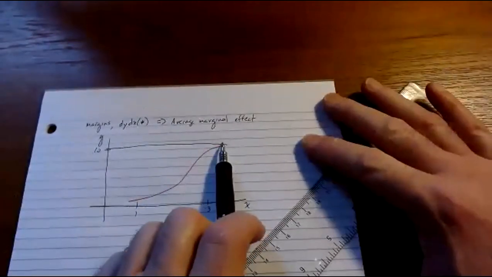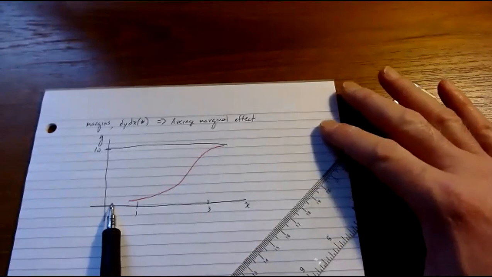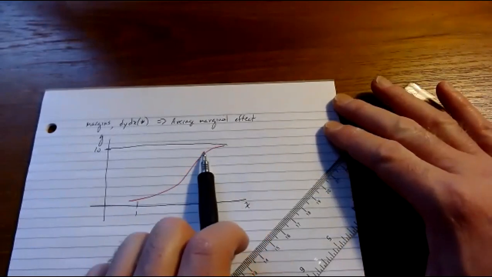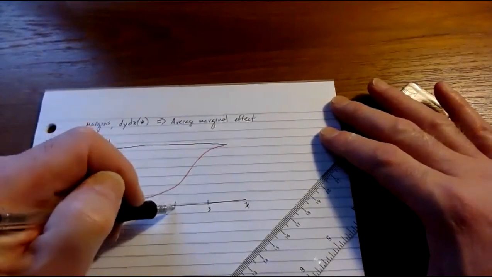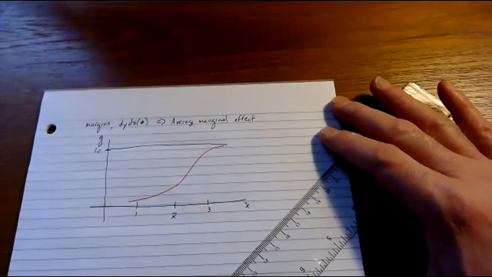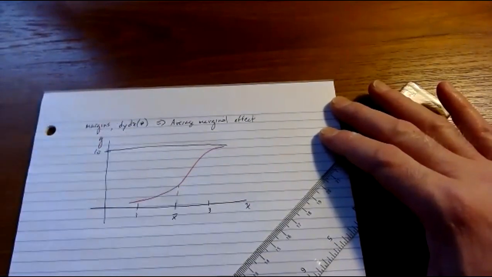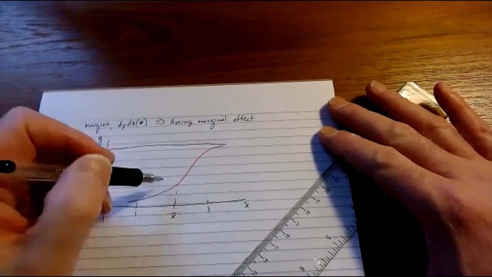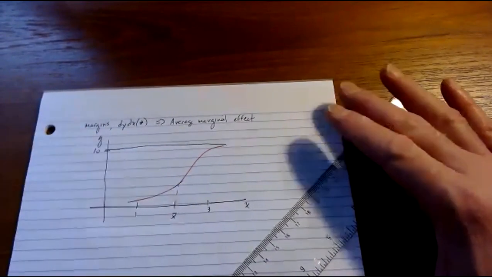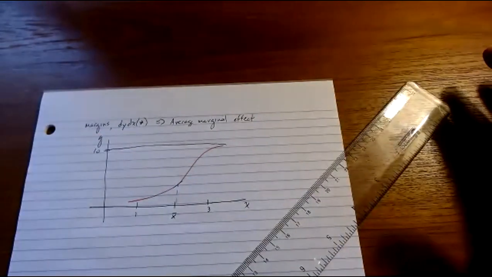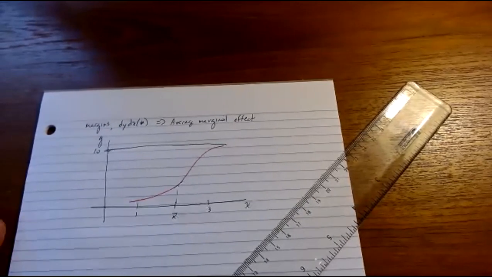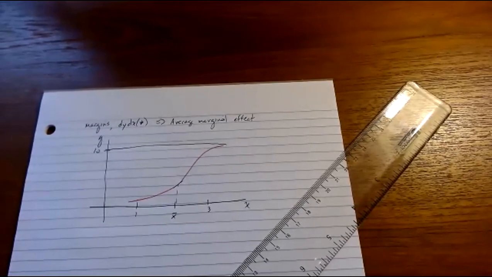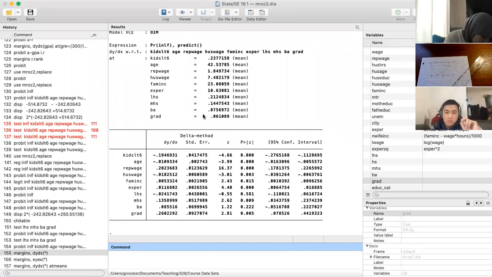In the first case, we're taking essentially the average of all the slopes along the regression line, versus saying we're going to make this X bar, hold all the other independent variables also at their means, and figure out what the marginal effect is right at X bar, right at the mean. So you quickly start to see how this gets complicated.